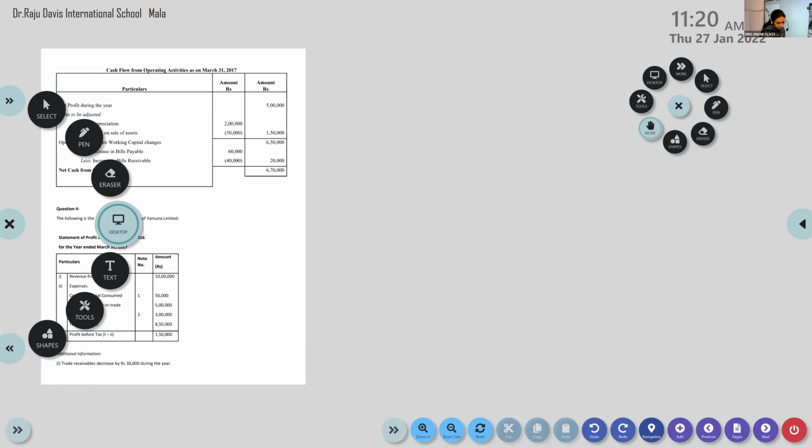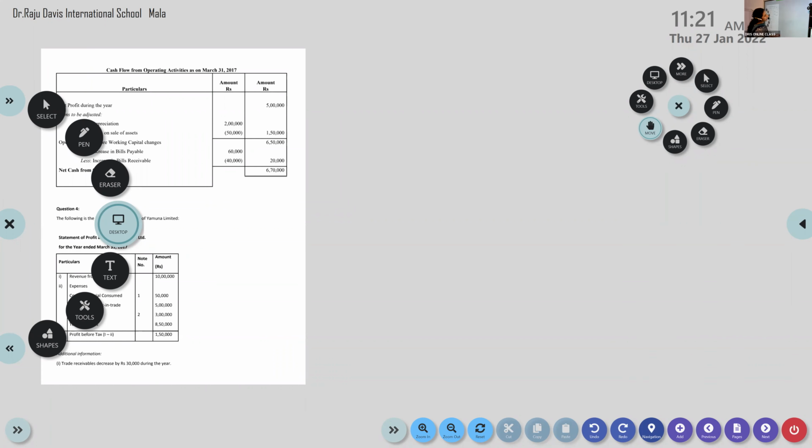Whatever reserves you see, you will not take it for the calculation of net profit before tax and extraordinary items. Only SPR. What is SPR? Securities premium reserve.